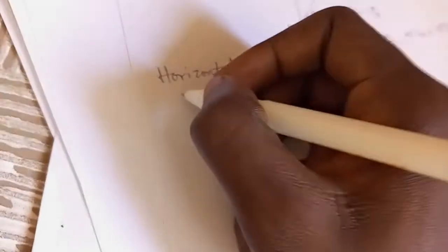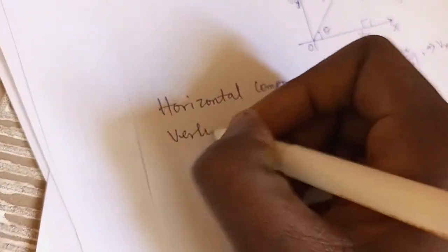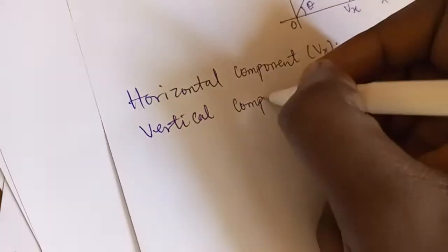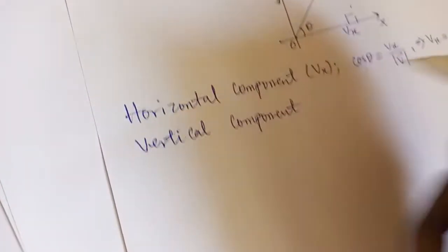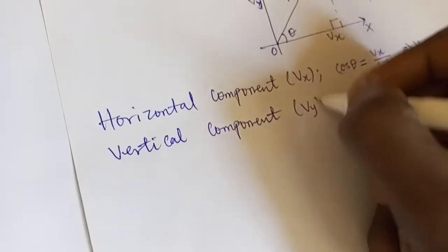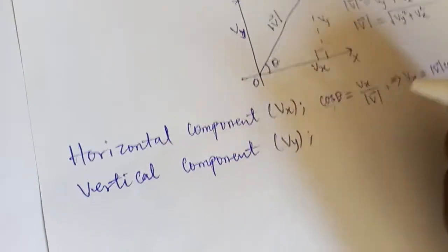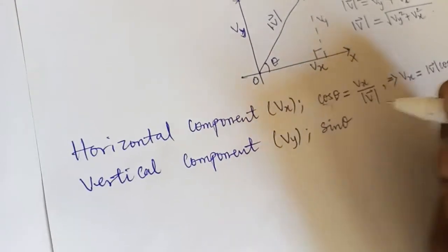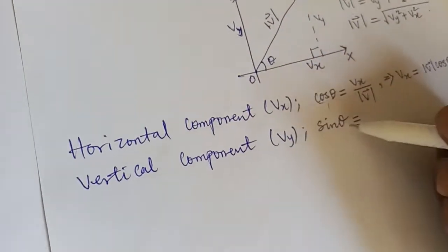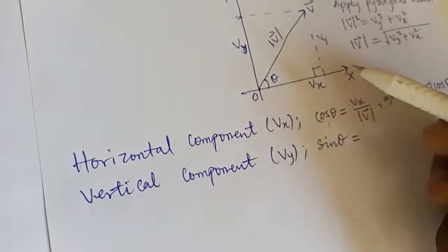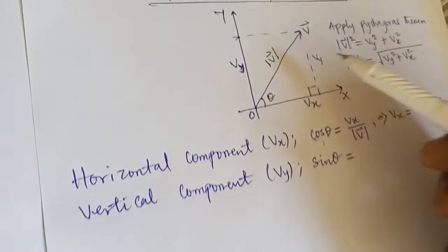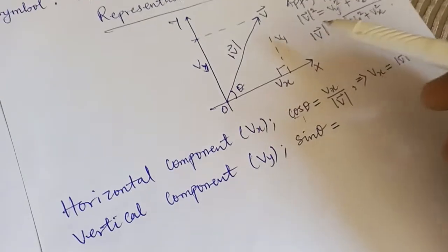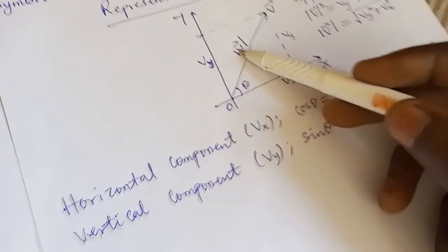Now let's look at the vertical component of the vector, which is vy. To find the vertical component vy, we use sine theta, which says opposite over hypotenuse. If we look at this theta, the opposite is vy, and the hypotenuse is the magnitude of vector v.